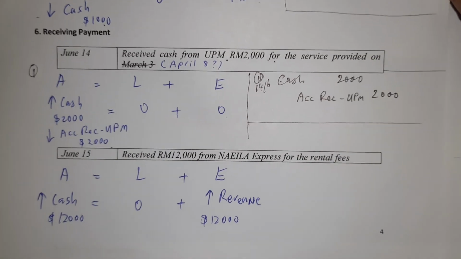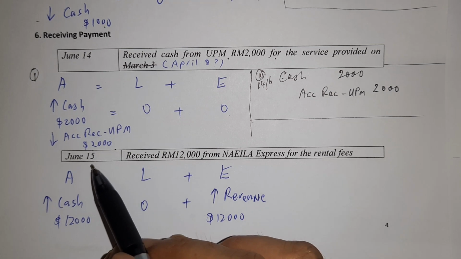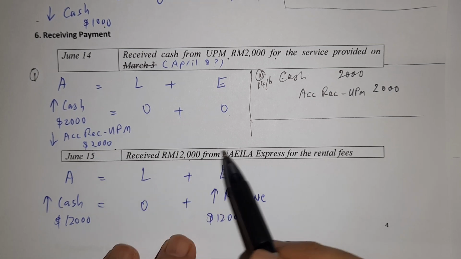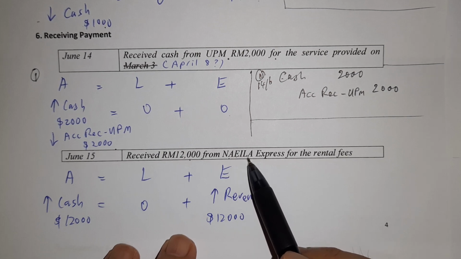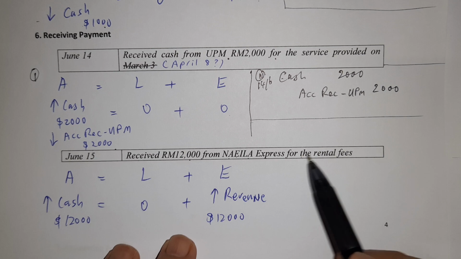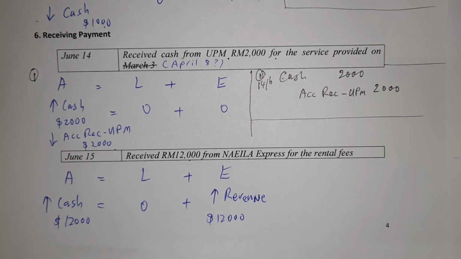Okay, this is the next thing for receiving payment. On June 15, the business received 12,000 from Naeila Express for rental fees. Okay, so how to record that? So remember, if you have a business, then you receive rental fees from somebody, that is a revenue.